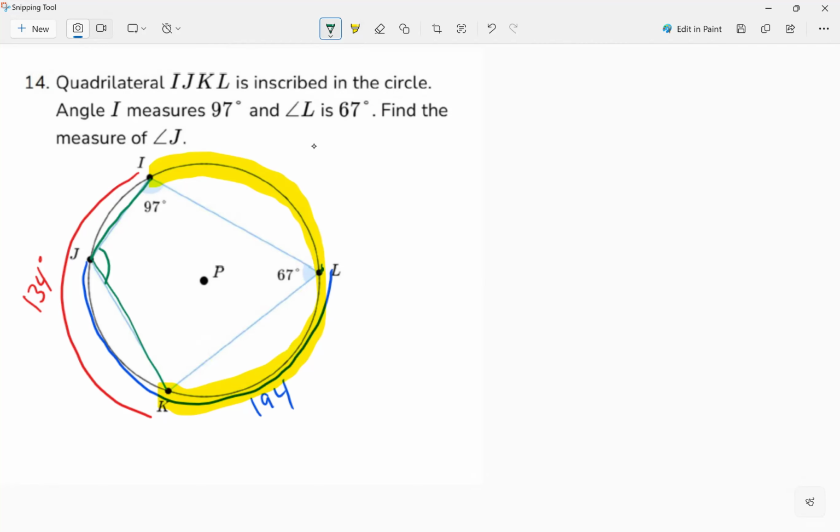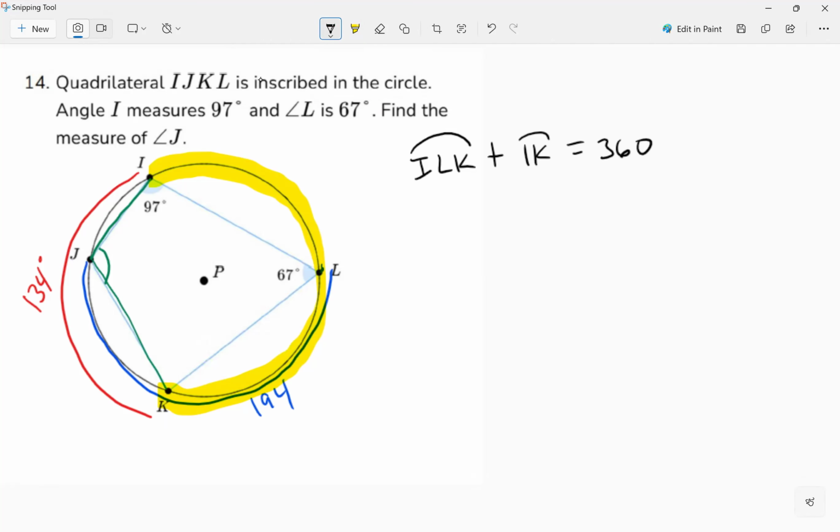Can I just say, if you guys take a look at this, that the arc ILK, the arc that I painted in yellow, plus the arc IK is equal to 360 because that's the whole circle.